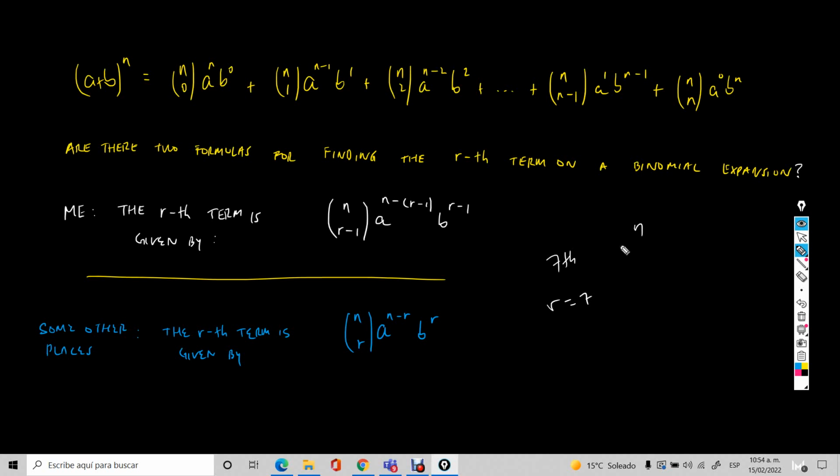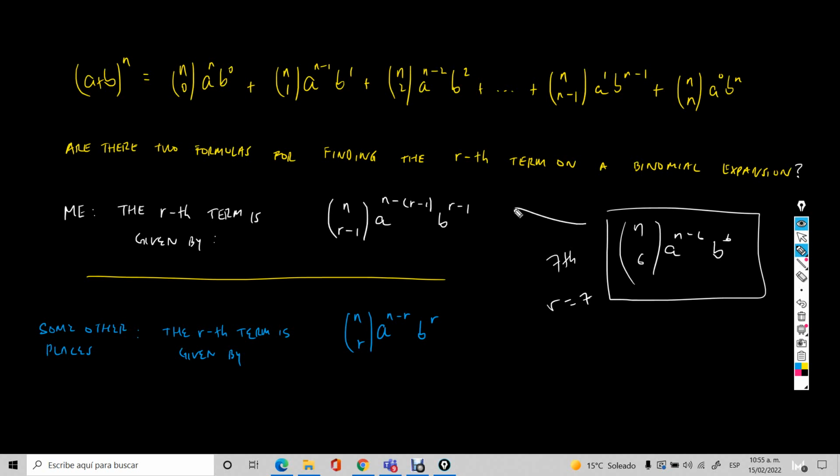So it's going to look like this: n choose 7 minus 1, n choose 6, times a raised to n minus (r minus 1), which is going to be n minus 6, times b to the r minus 1. And since r is 7, then we're going to have a 6 in there. So this is how your term is going to look.